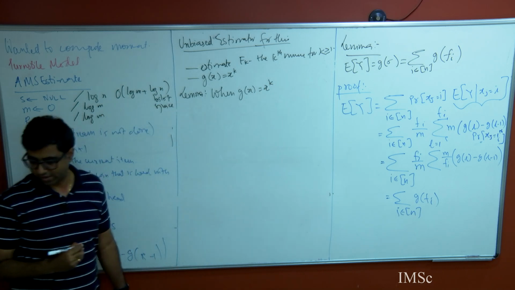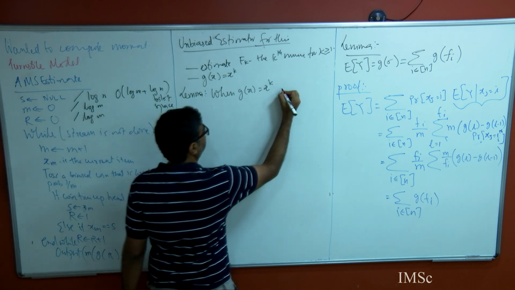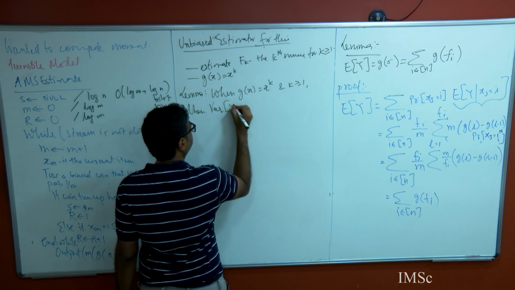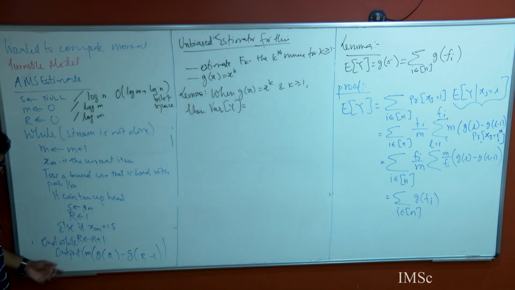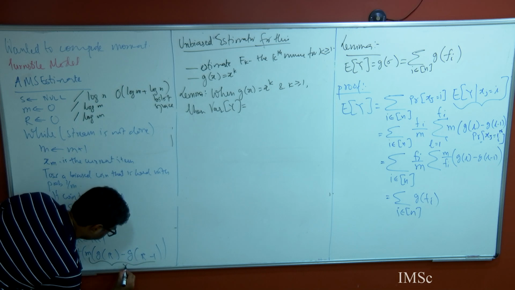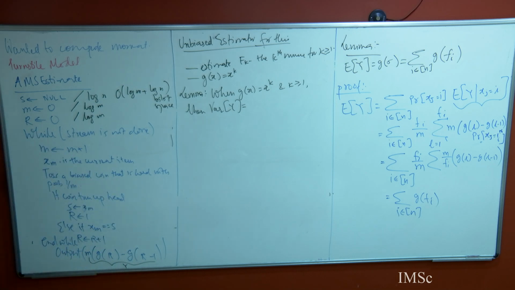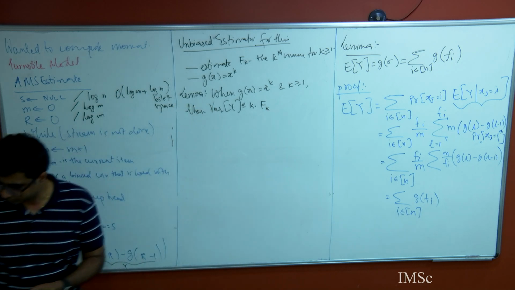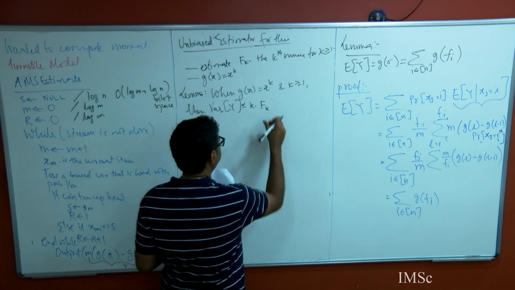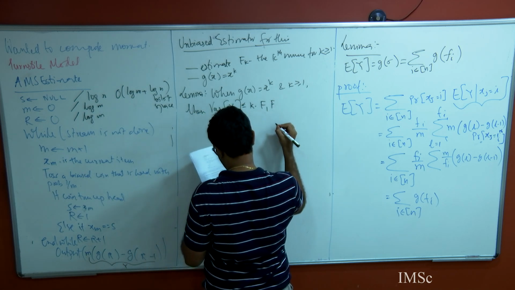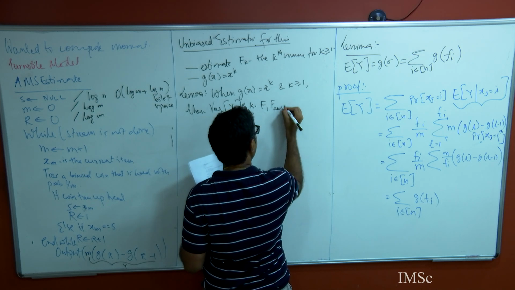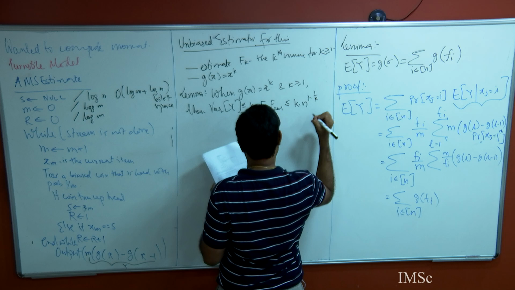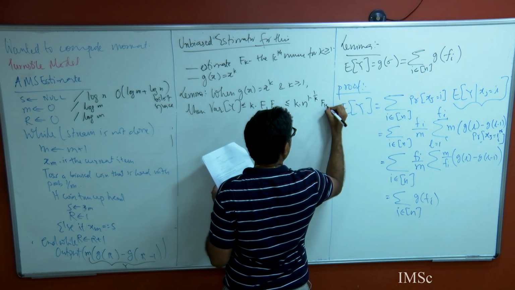When g(x) is x to the power k and k is greater than or equal to 1, then the variance of Y, and remember this is what your Y was, is less than or equal to k times f_1 times f_{2k-1}, which is less than or equal to k n^(1-1/k) f_k squared.